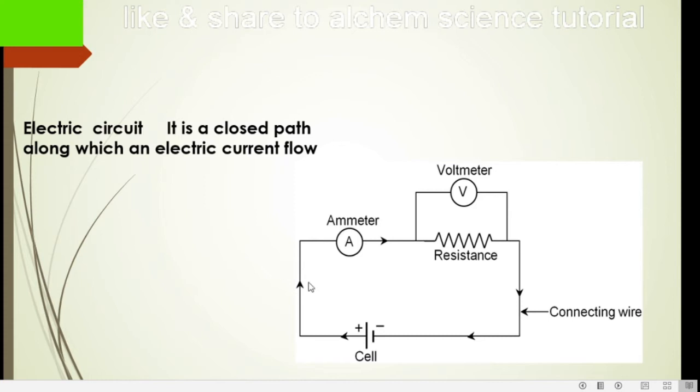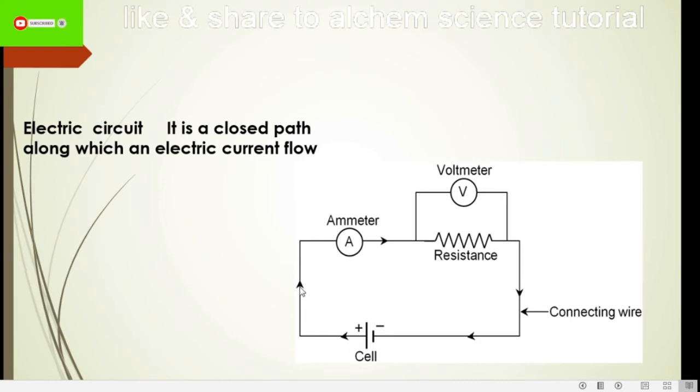In this diagram you can see that the ammeter is represented by capital A, the voltmeter by capital V, and resistance by R. This is the cell, and the arrow-like structure you are seeing is the flow of charge.